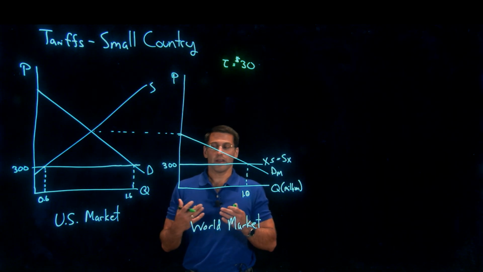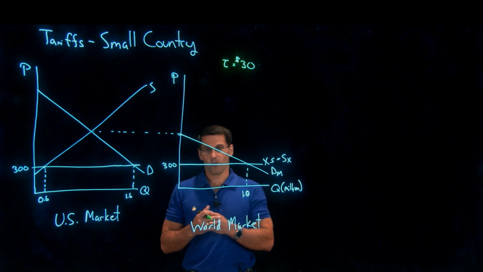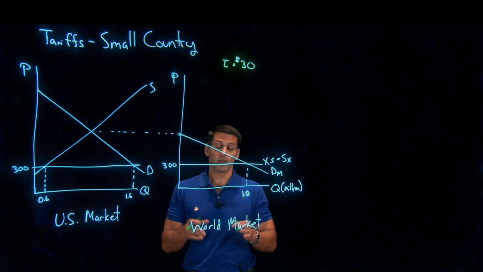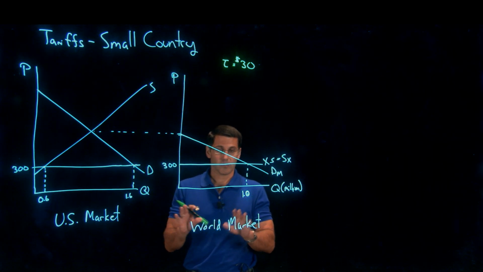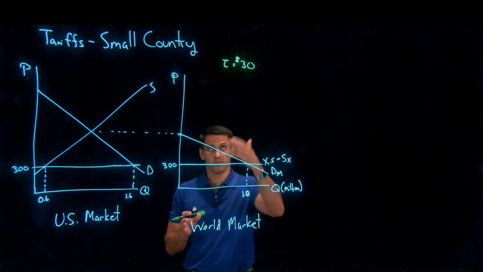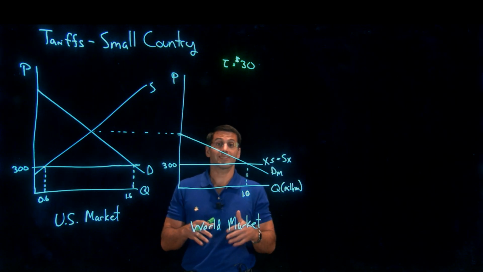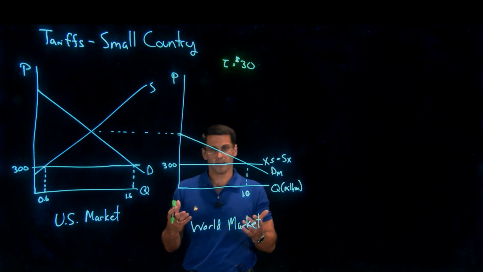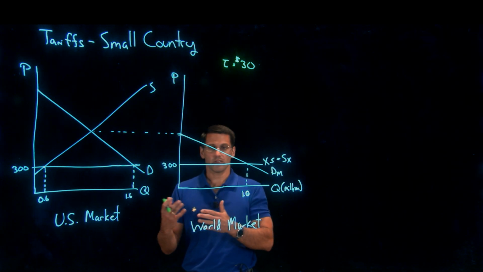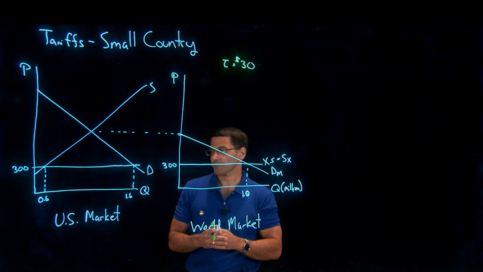The reason we're not analyzing tariffs that way is that this is actually much simpler. It is important to note that everything we do here still extends to the case where instead of saying $30, we had a 10% tariff. We'd get the same results, the same insights. This is just easier to take a look at in our graphs.